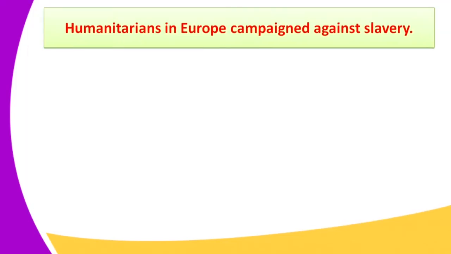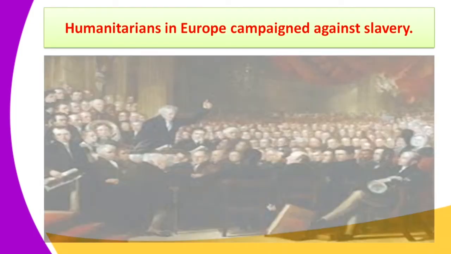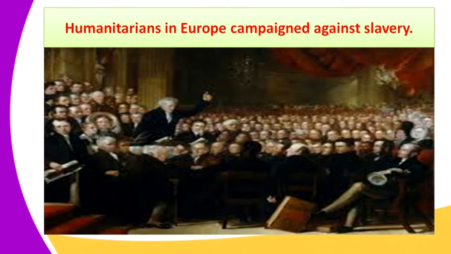Another reason for Europeans coming to Africa to acquire colonies was the humanitarian factor. So humanitarians in Europe campaigned against slavery, and this humanitarian campaign was actually instigated by European economists such as Smith.